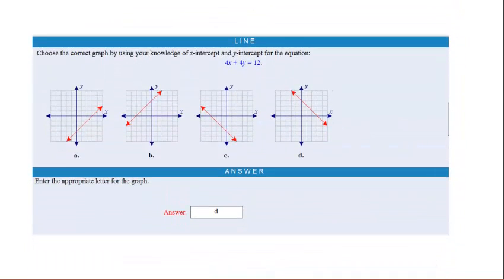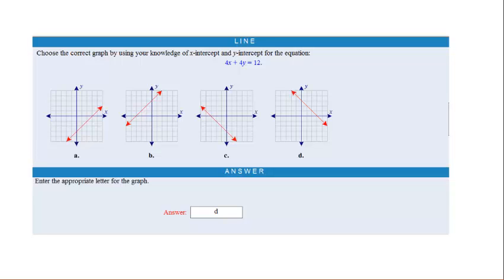In this example, we want to get the equation to the y equals mx plus b form. First, we have a common factor among all three terms, which is 4, so we're going to divide 4 out of it, leaving us with x plus y equals 3. We want to get y alone to get the y equals mx plus b form, so we subtract x from both sides.